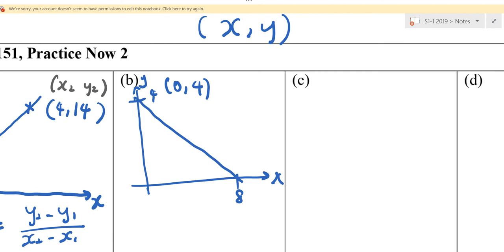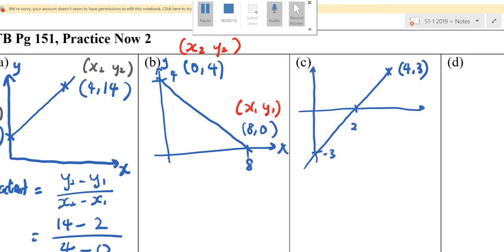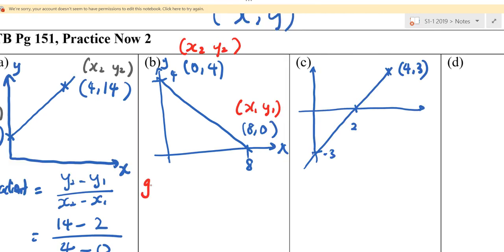Right. So now your turn. Are you able to calculate the gradient? Try now. I'm going to draw the third picture before I answer your question. So can you all try? Now, if I were to calculate gradient, I still will write down y2 minus y1 over x2 minus x1.